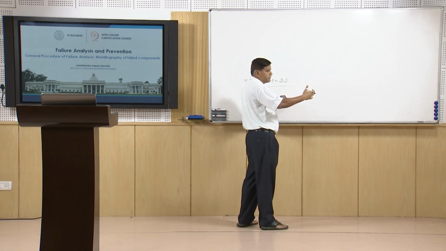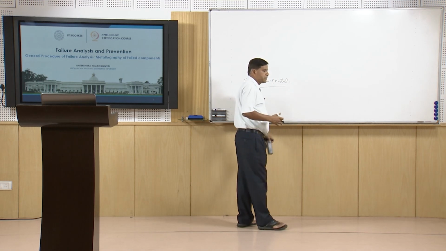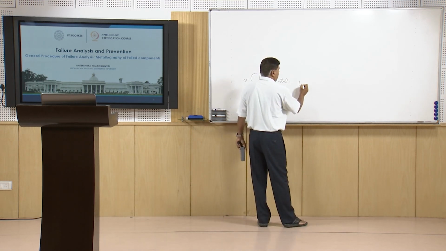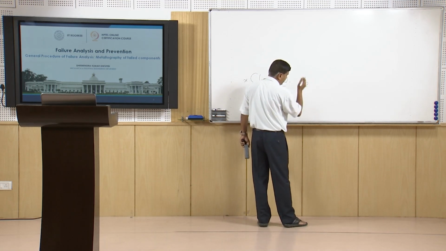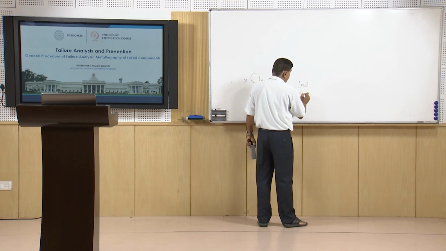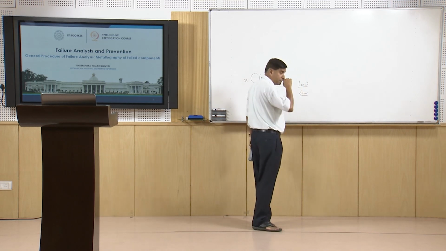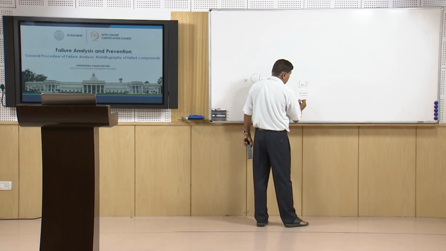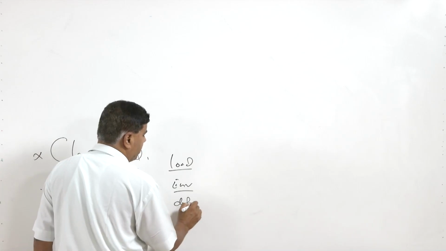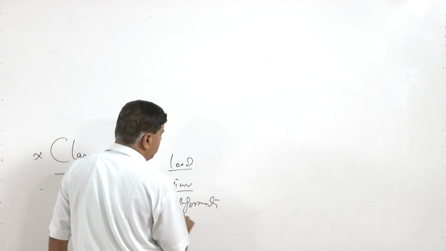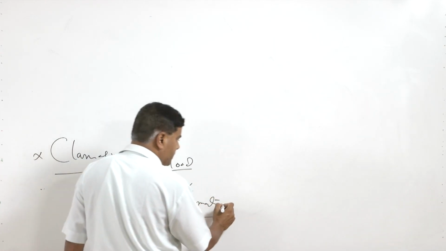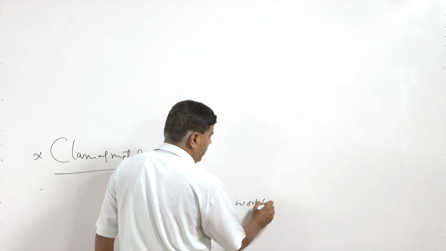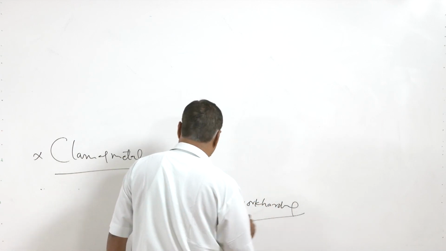When the component is exposed to the service conditions, it experiences the load, it experiences the environment, and it also experiences the deformation. So, in some of the conditions, if the surface layer deformation is taking place, then there will be work hardening.